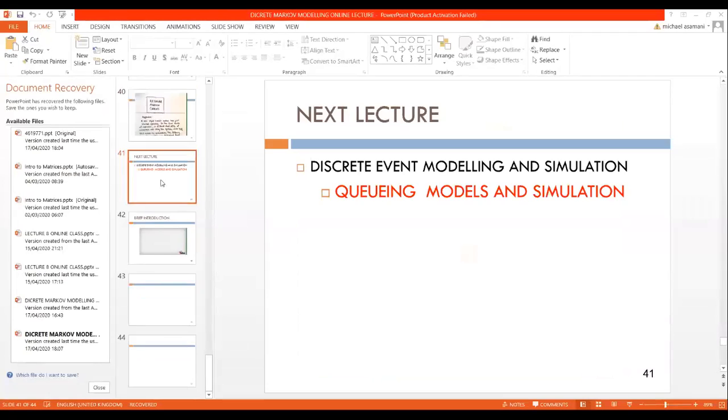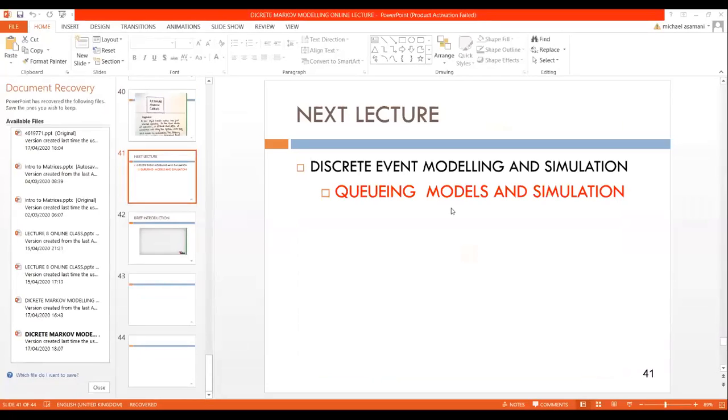In our next lecture, we'll be looking at a second modeling technique, which is queuing models. Okay, queuing models are basically mathematical models which are used to model queues. Okay, and we have so many queues which happen around us on daily basis.